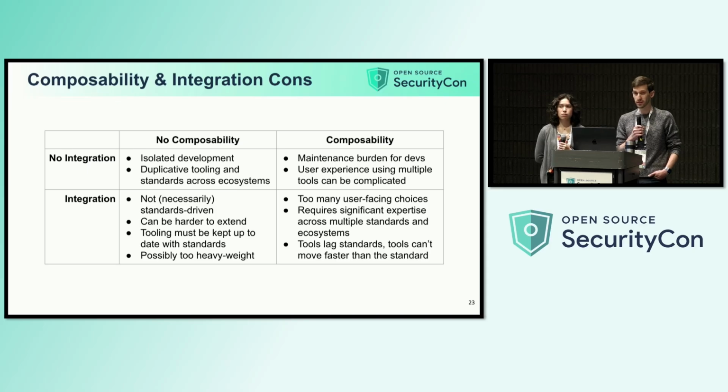And the user experience suffers as users have to manage many different tools in their SDLC. With only integration, an ecosystem may lack standards, though even with standards, integration tooling must still be kept up to date as standards evolve. These tools are typically larger and they try to solve many different problems, and so these tools might be overkill for simple use cases.